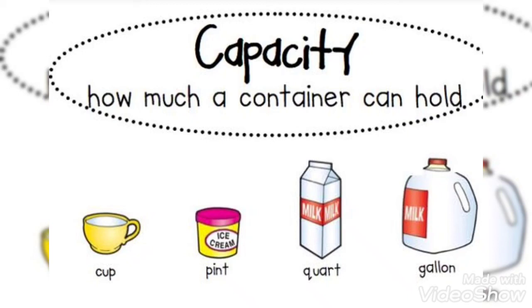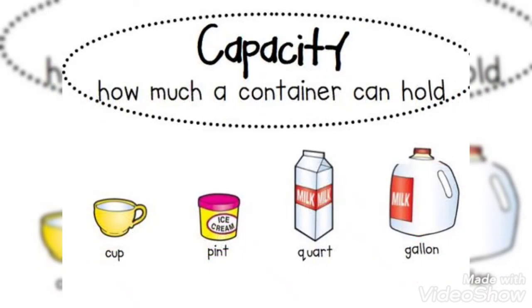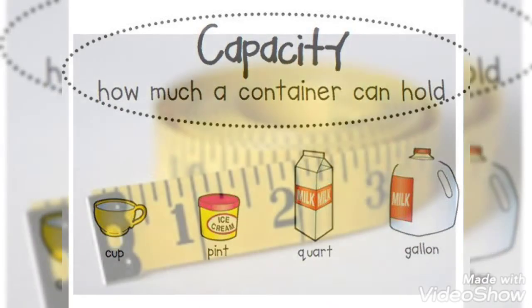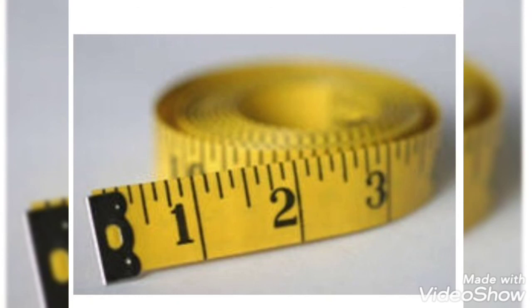We use a measuring cylinder or a measuring beaker to measure capacity. The smaller the container, the lesser will be the capacity to hold liquids. So children, for measuring liquids, we have a measuring cylinder. Like we have a ruler or scale for measuring length, we have a measuring cylinder for measuring liquids.